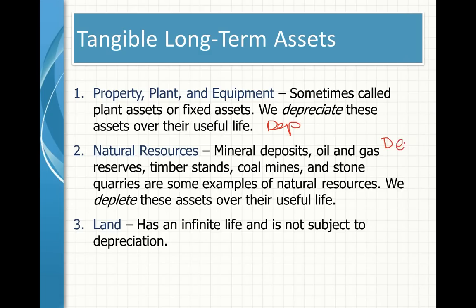Here also it is depreciation only, but we call it depletion. And in the case of intangibles like goodwill, patents, copyrights, etc., the decrease in the value of the asset is called amortization.